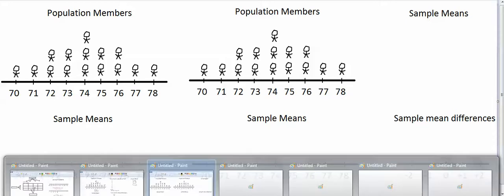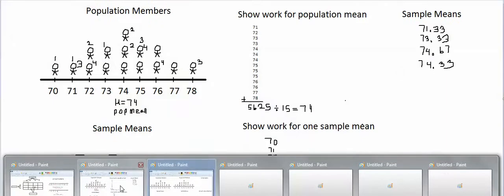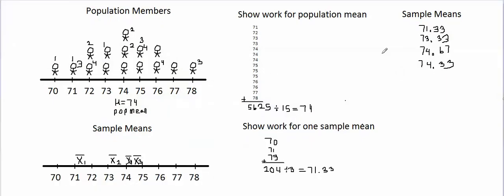Also, on this page right here, I would want you to do this 20 times. So 20 different random samples, all the way up to X bar 20. And like I said, you're just doing the same thing over and over.